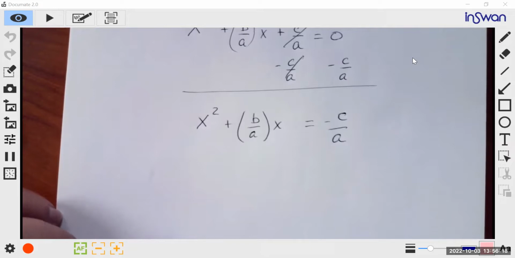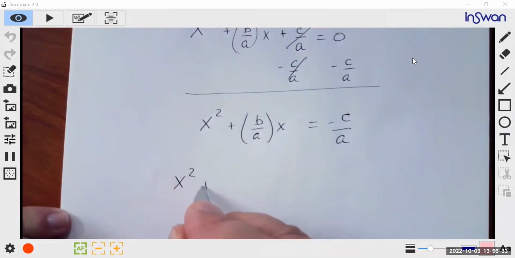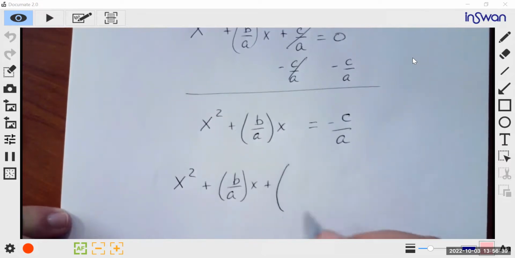What's the next step? We move the c term. Nope. We have to take the b term and divide it by 2.